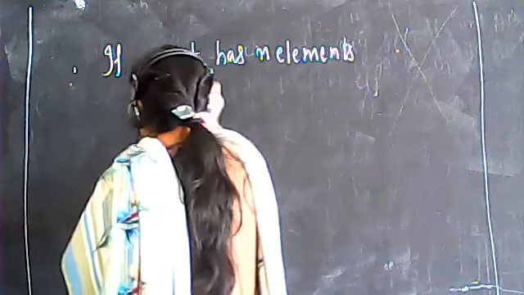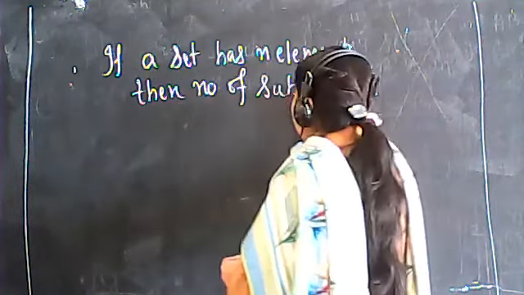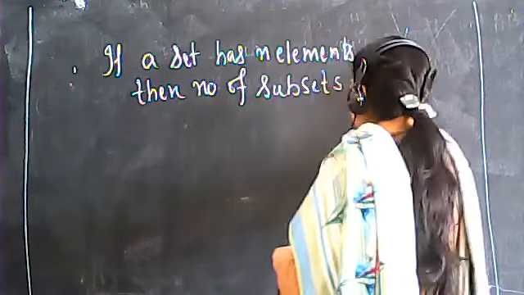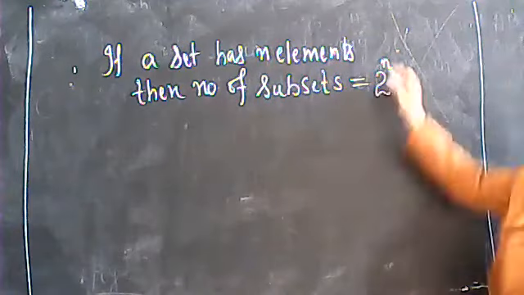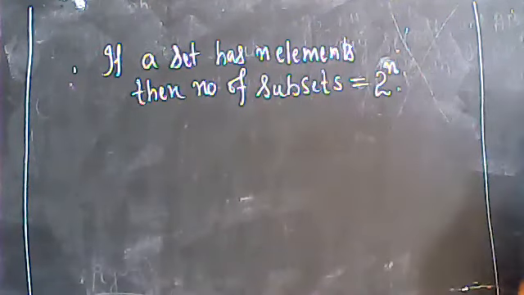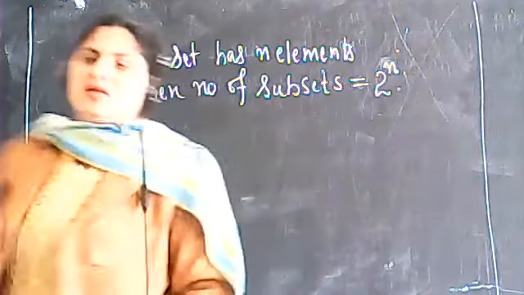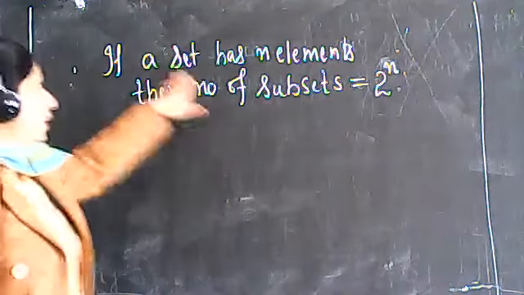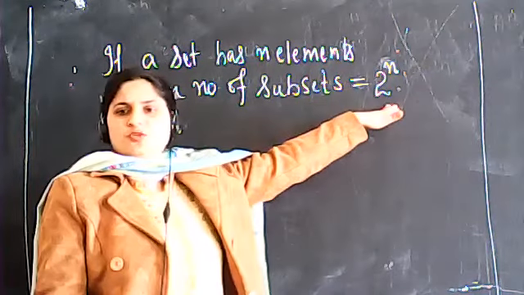What is the formula to calculate the number of subsets? 2 raised to power n. Very good, beta. This result we have also discussed in the last class in the polling section. If we have a set which consists of n elements, then what is the total number of subsets? Total number of subsets of that set will be equal to 2 raised to power n.